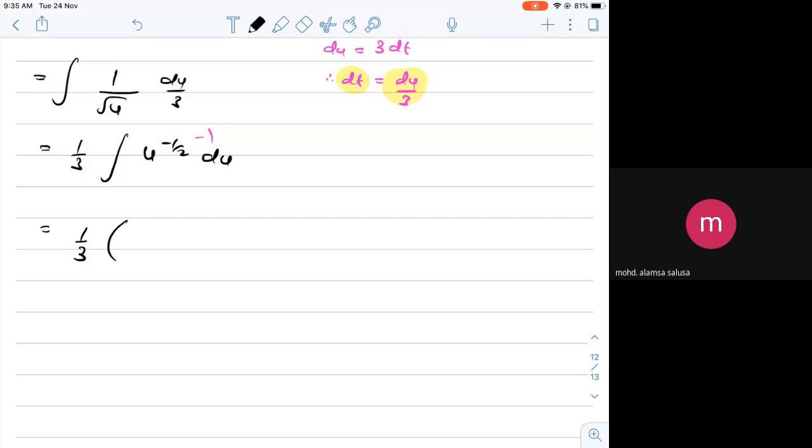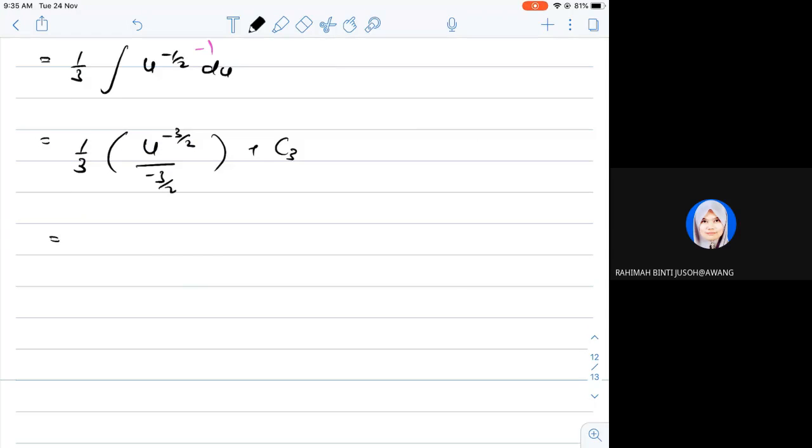Negative 3 over 2. Okay, good. So u to the power of negative 3 over 2 divided by negative 3 over 2, plus C3. So 1 over 3 divided by negative 3 over 2.